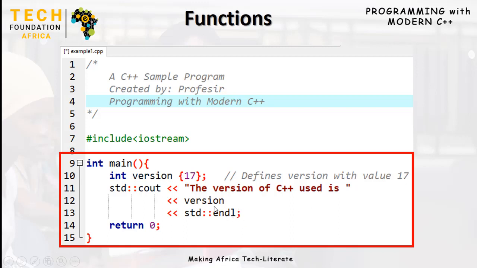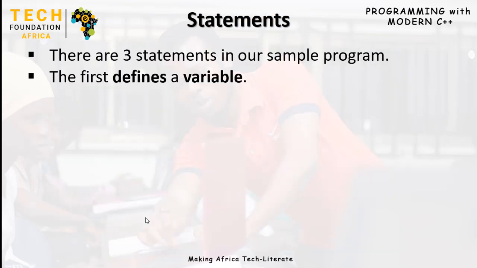So that means that all these form one statement. Remember, I said the end of a line does not mark the end of the statement, but rather the semicolon. Then the third or the last statement is the return statement, which is return 0. So our sample code actually consists of 3 statements.